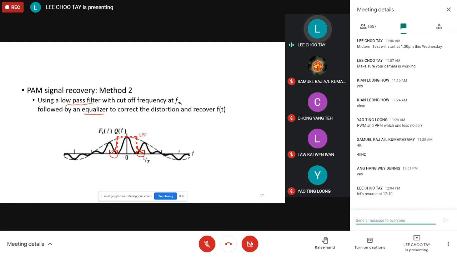The use of the equalizer is to reduce the amplitude of the signal at the high frequency, so that we recover the actual signal itself. This high frequency is basically distortion, because you actually recover this part, which is not your signal. So that is the two methods of PAM signal recovery. Of course, the low pass filter is the easiest.